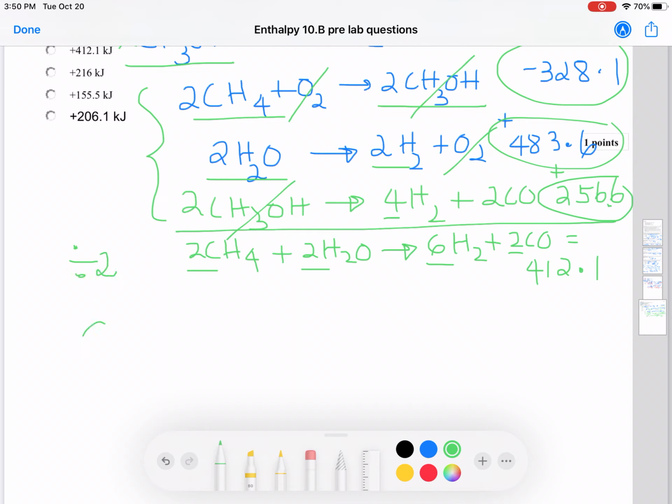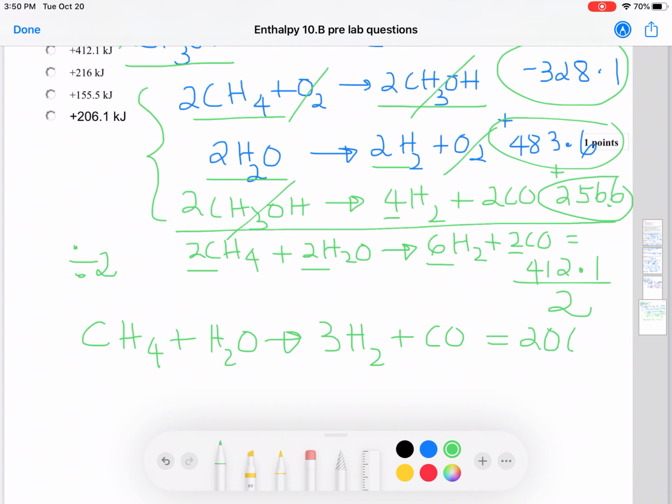So when you divide it by 2, it would become CH4 plus water, 6 divided by 2, 3H2 plus carbon monoxide. So if you divide a reaction by 2, you also need to divide your enthalpy by the same number. So that would be 206.5.